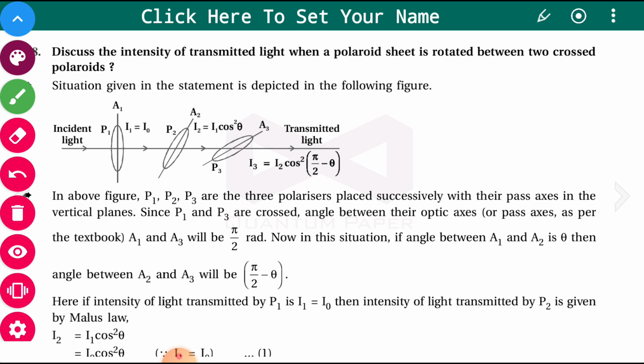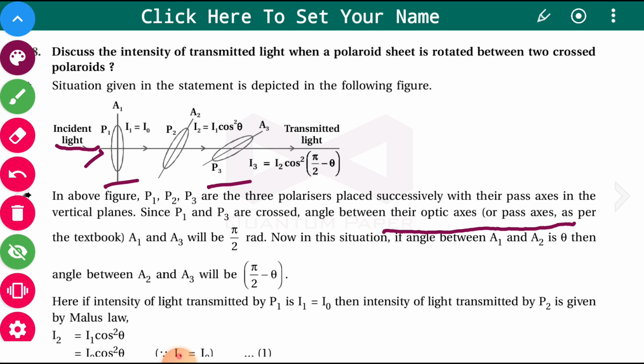So incident light is coming from this point, and P1, P2 and P3 are the three polarizers which are placed successively with their pass axis in the vertical plane. Now see, P1 and P3 are crossed.